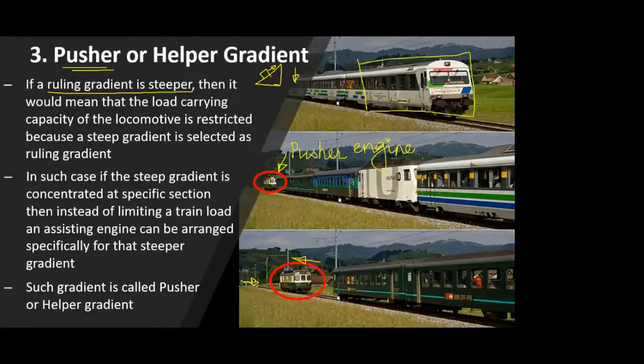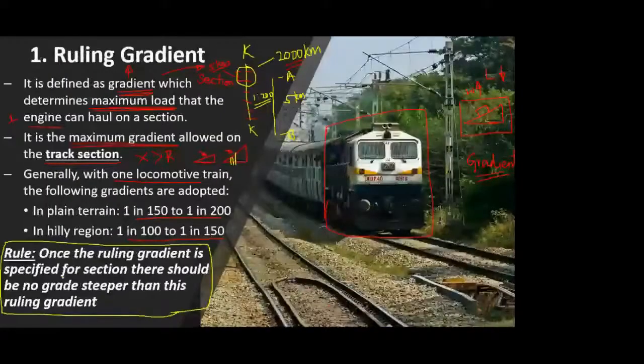Now again, this pusher or helper gradient is greater than your ruling gradient because your topography is in an extreme stage. It is a lot hilly and mountainous. So again, it is violating our rule that we saw here, that no gradient should be steeper than the ruling gradient.